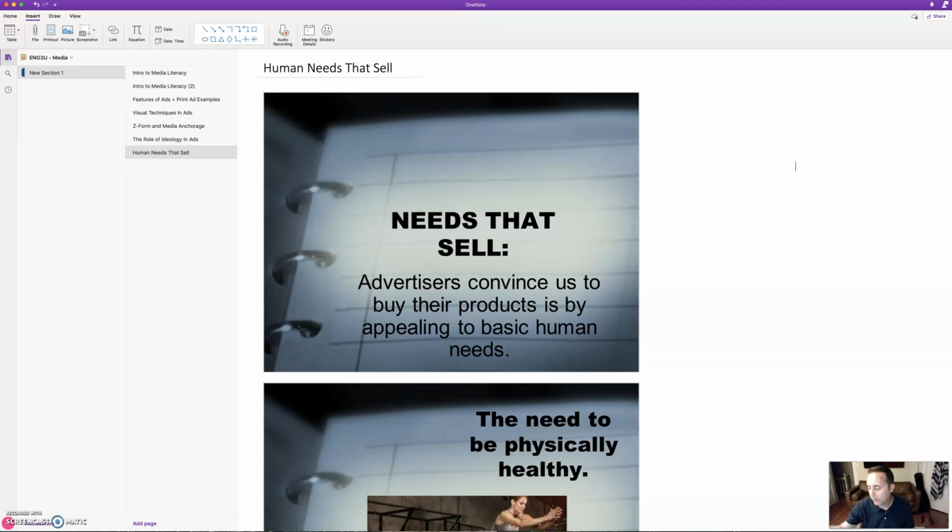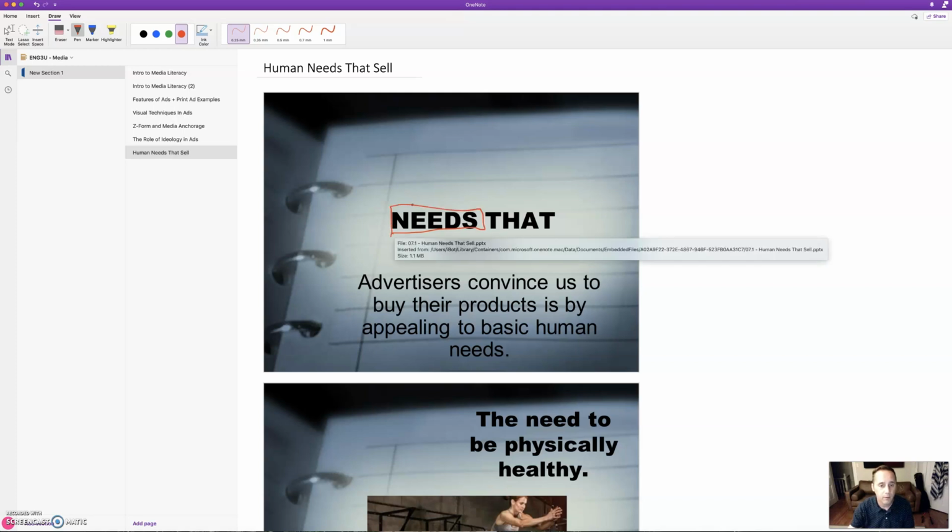This time we're looking at this PowerPoint which has some ad examples discussing how advertisers use human needs to sell their products. Okay, so this is human needs that sell. These needs can be essential or secondary.